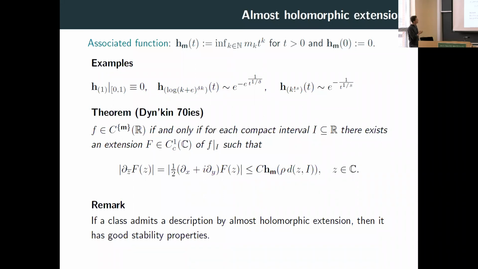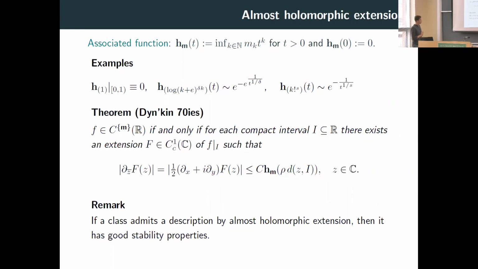A function f is in your Denjoy-Carleman class Cm on the real line if and only if for each compact interval I, there exists an extension of the restriction of the function to the interval I to the complex domain, which is C^1 and has compact support, such that the d-bar derivative of this extension satisfies this bound: it is bounded by a constant times the function h_M with the argument another constant rho times the distance of the point z to the interval I. And this is true for every z in the complex plane.